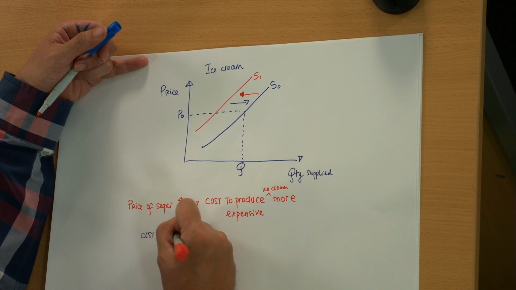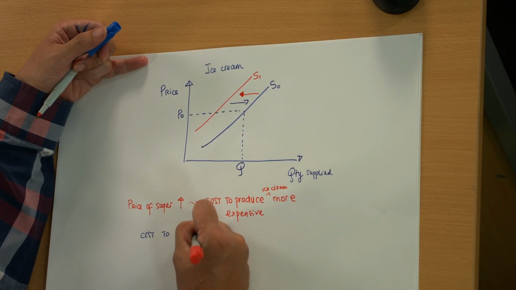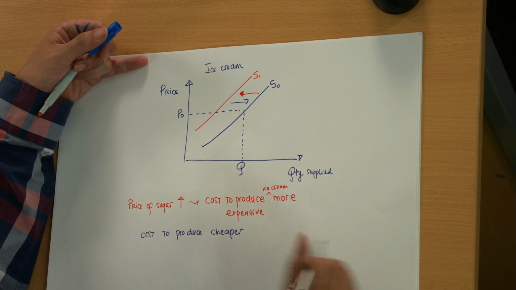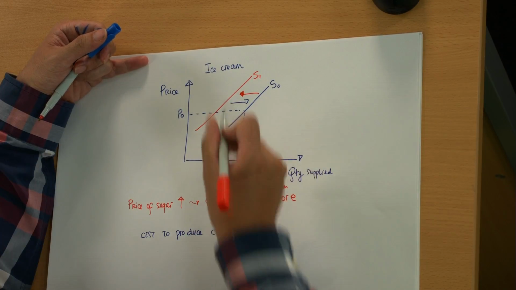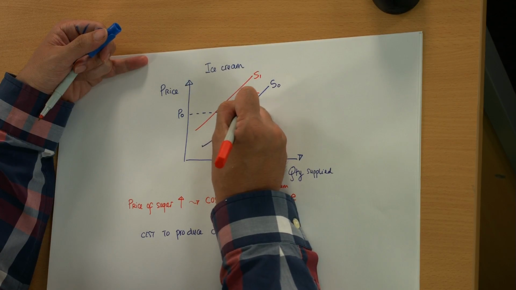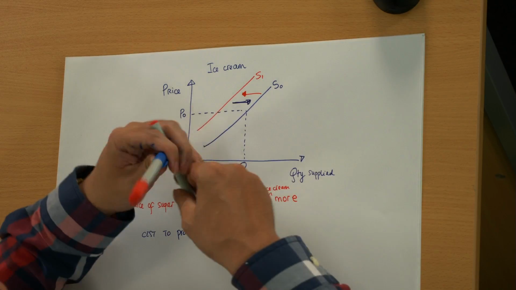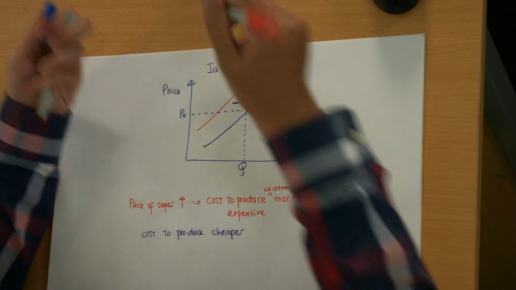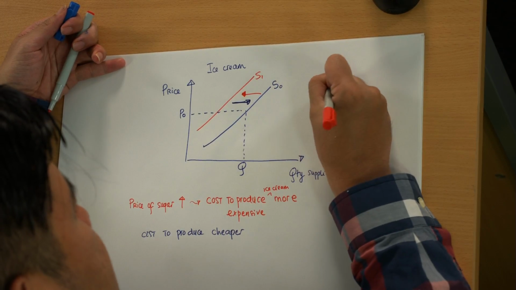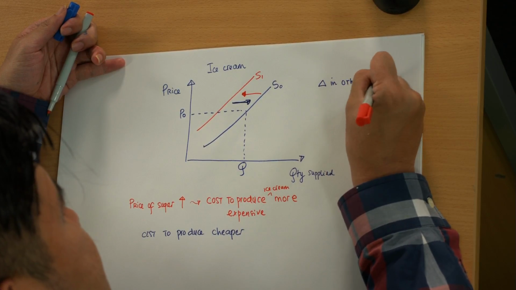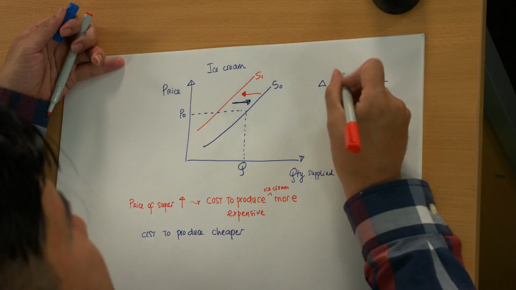Cost to produce becomes cheaper, then you shift the supply curve to the right. Is that okay? So, change in other factors, change in non-price factors.